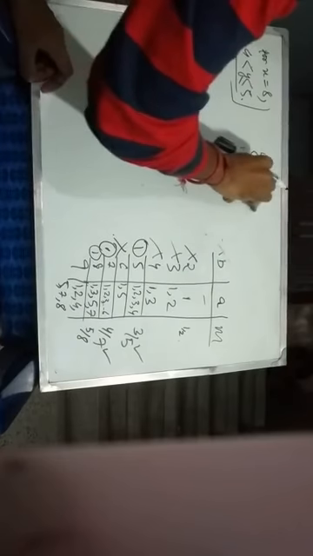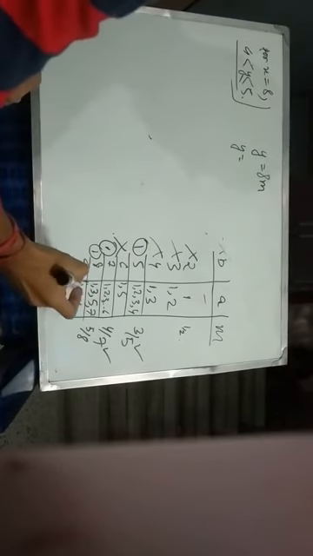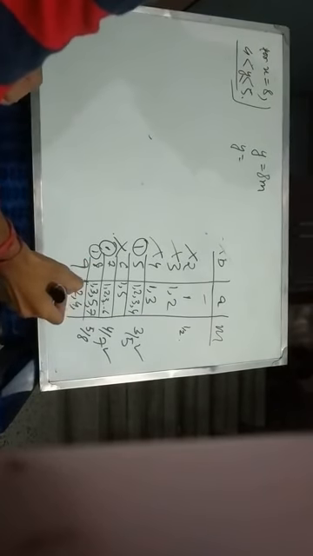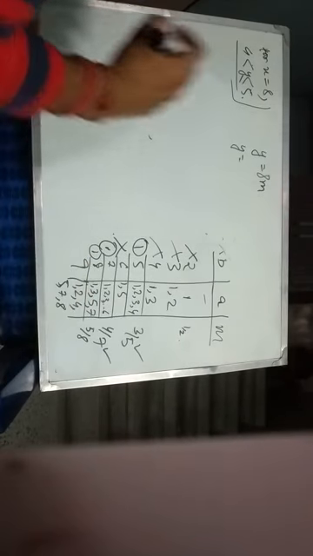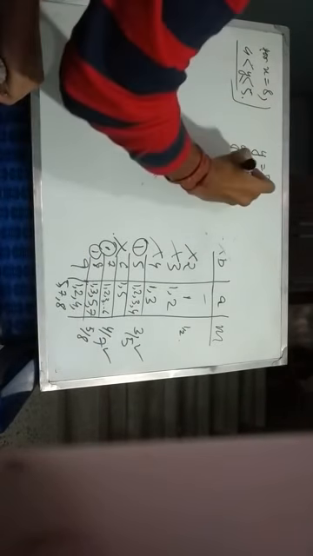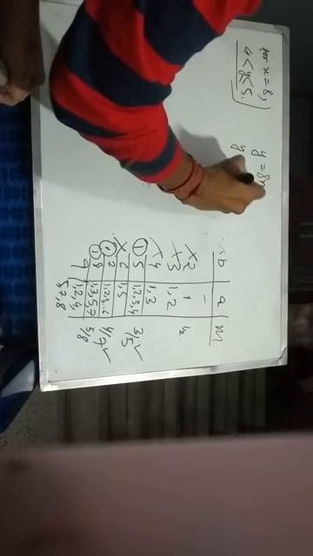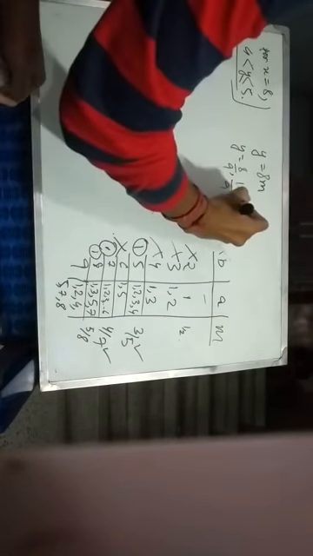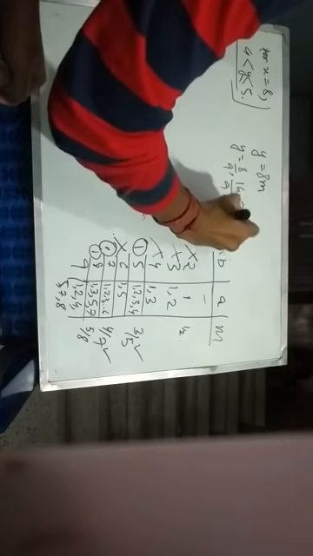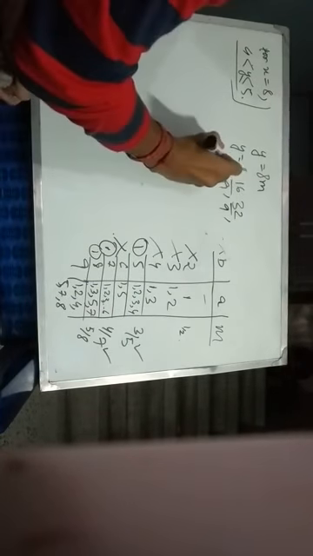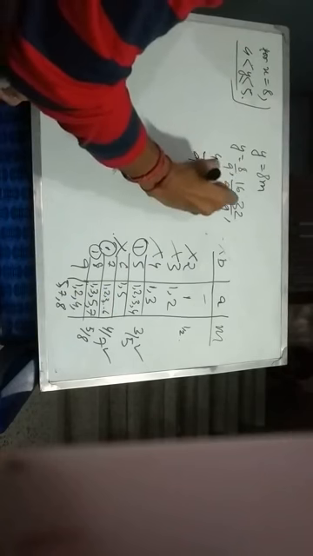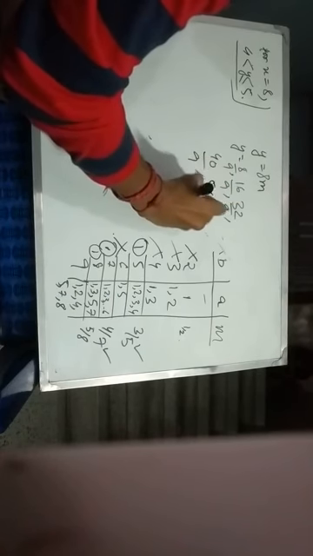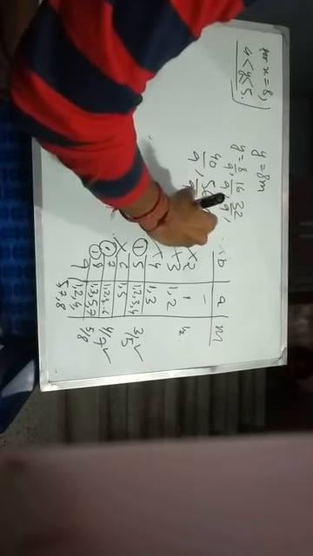Now we'll go on to our last one. That is 1 by 9, 2 by 9, 4 by 9, 5 by 9, 7 by 9 and 8 by 9. Okay. So 1 by 9 will give us 8 by 9, 2 by 9 will give us 16 by 9, 4 by 9 will give us 32 by 9, 5 by 9 will give us 40 by 9, 7 by 9 will give us 56 by 9 and 8 by 9 will give us 64 by 9.